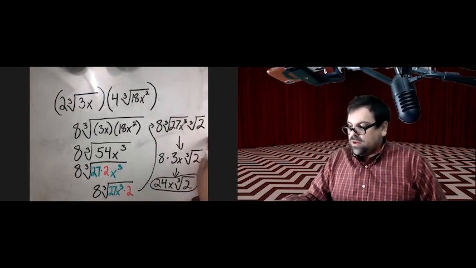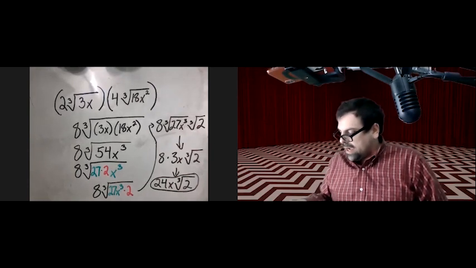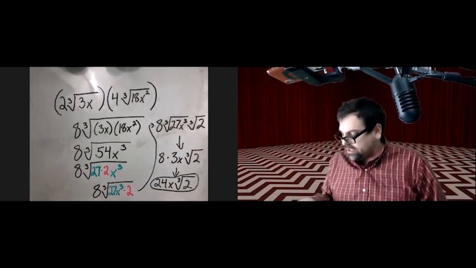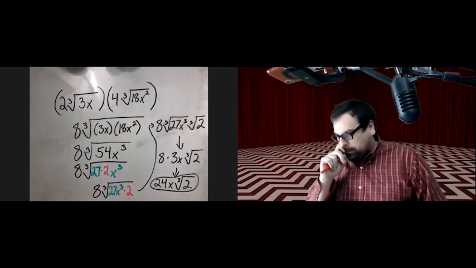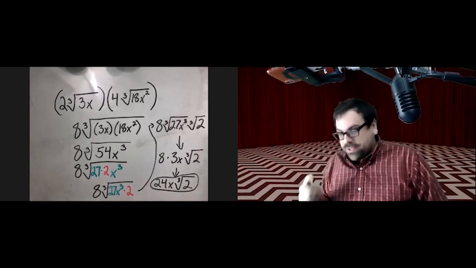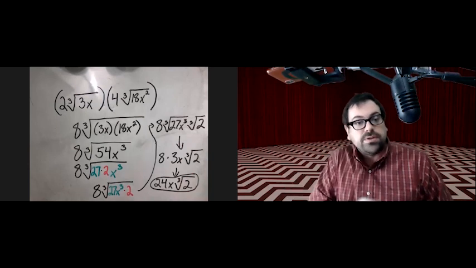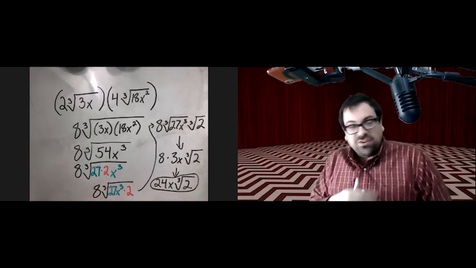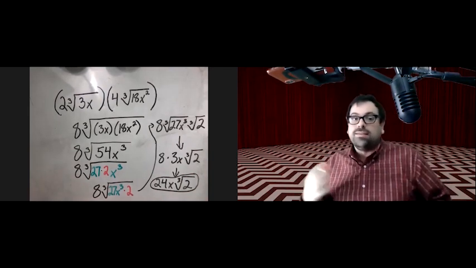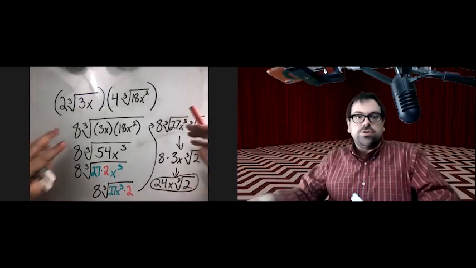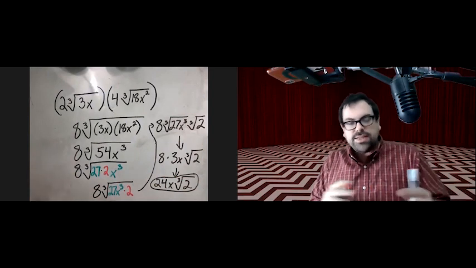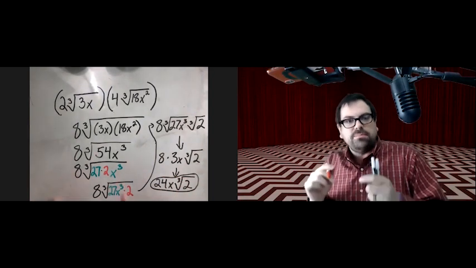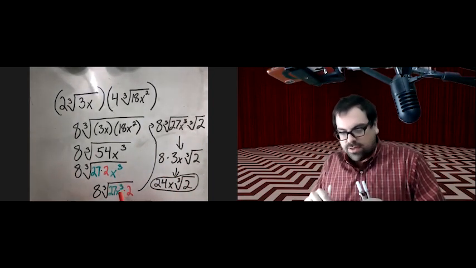So hopefully you are seeing why it is important to understand every lecture before moving on to the next. There was a lot of stuff with radicals in the last one. If you didn't understand it then, now you have to understand it in addition to the new material, because the last section is now a part of the sub-steps of this section.